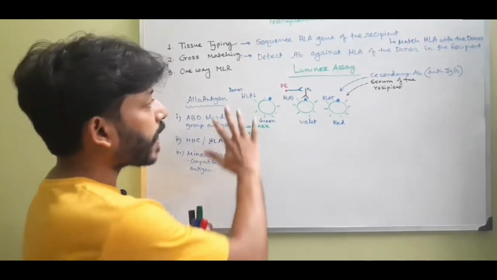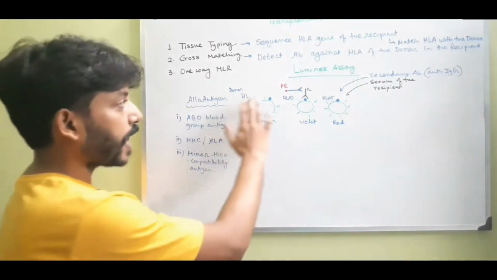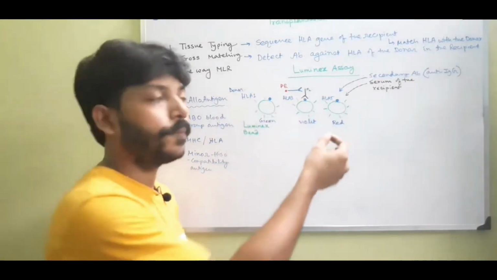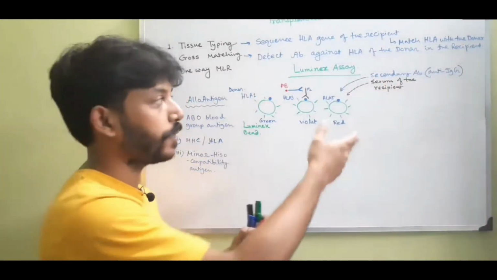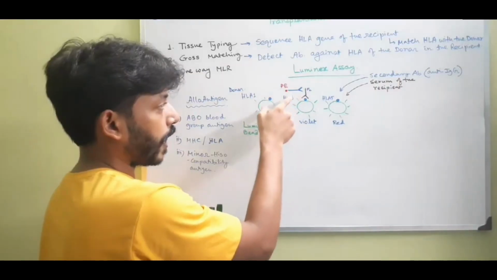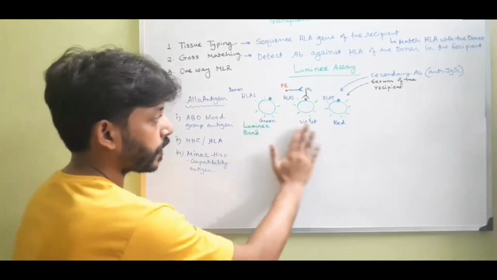So when this assay is performed, if there is any antibody against this HLA antigen, then this antibody will bind with this antigen, and they put another secondary antibody that can bind with the antibody of the recipient. And they fluoresce, and they also fluoresce differently.